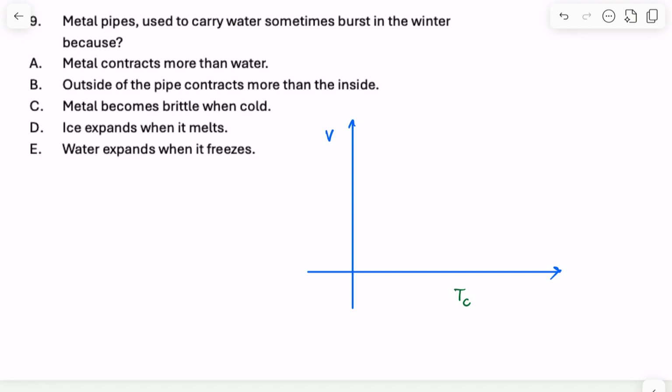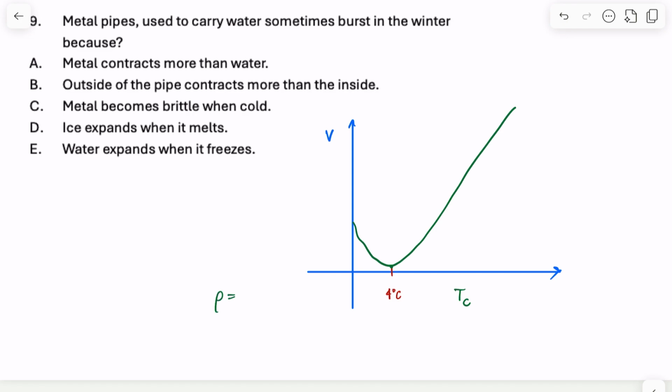Now there are specific points like 4 degrees Celsius, and it was mentioned that's the densest temperature of your water, and the graph actually looks like this, if you can remember. That means to say your water at 4 degrees Celsius has the lowest possible volume.